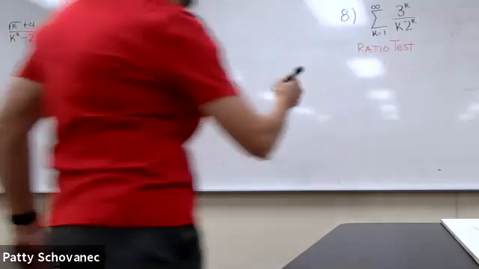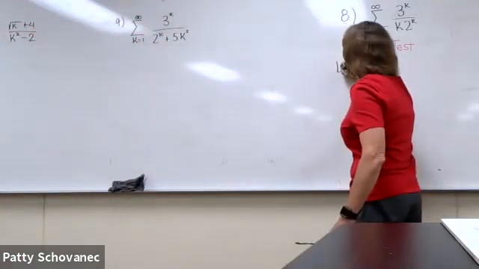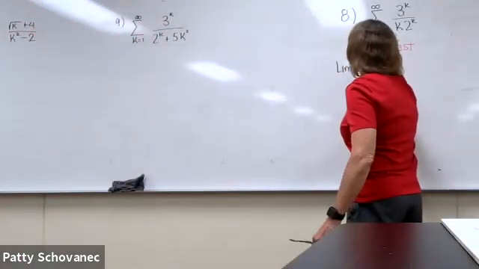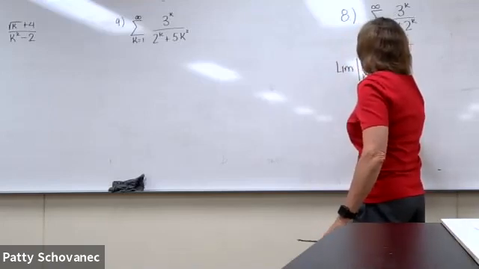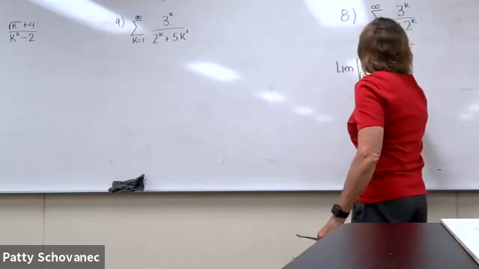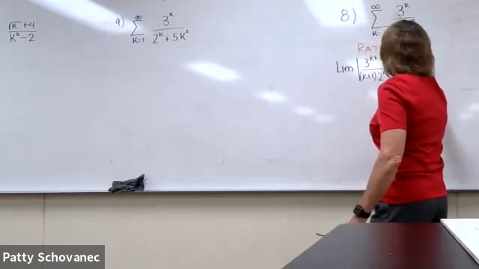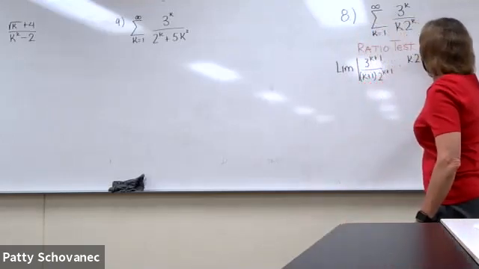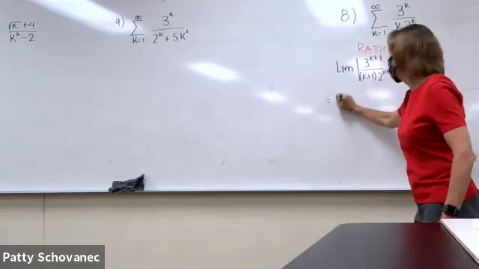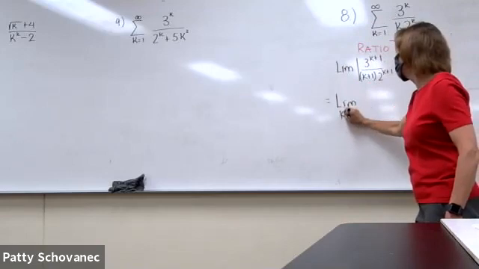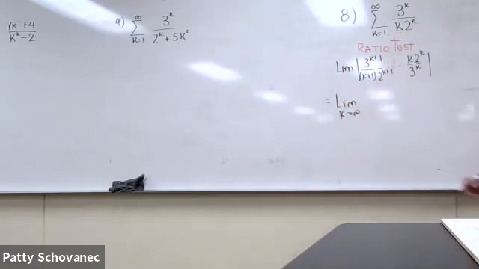Right, so here's what the ratio test looks like. My k plus first term divided by my kth term.